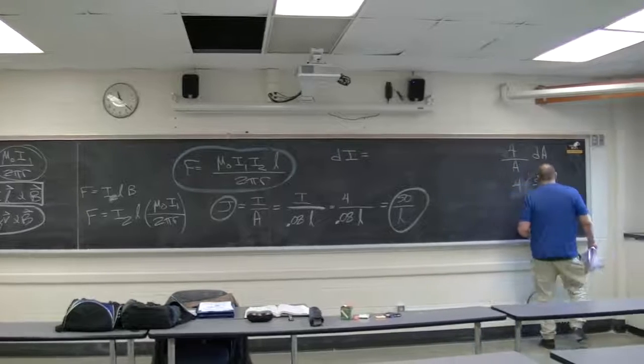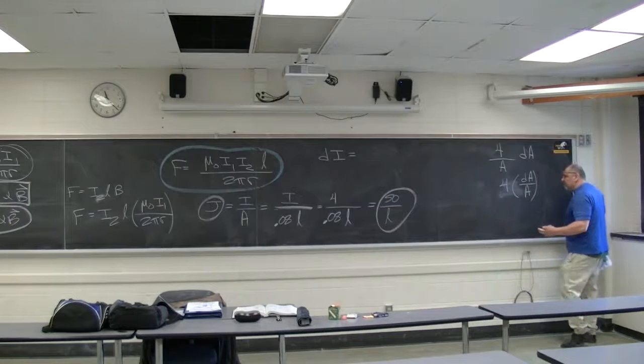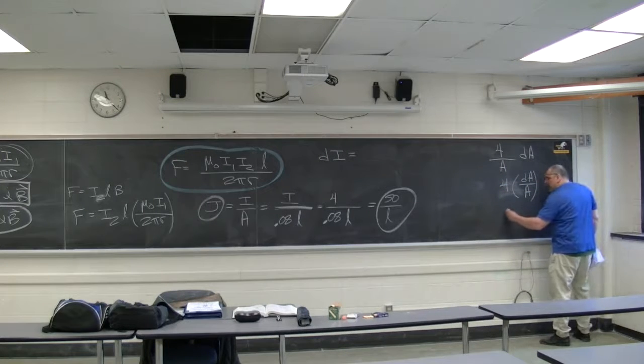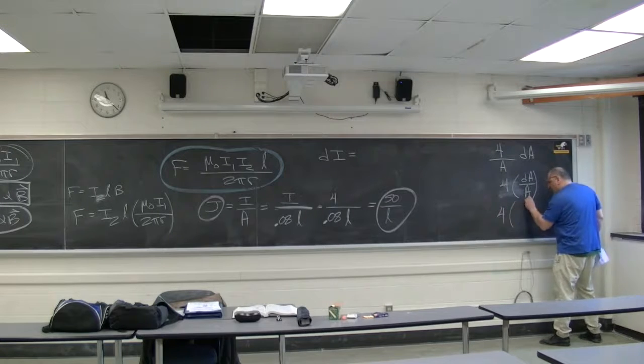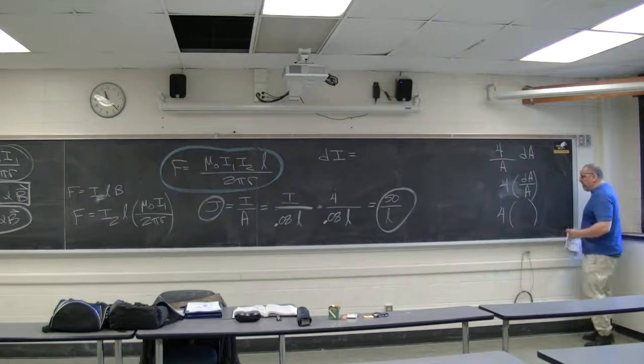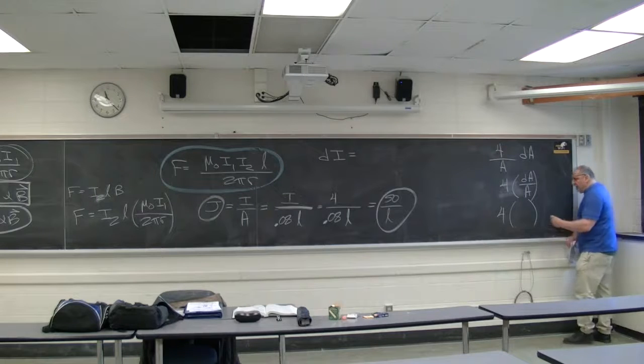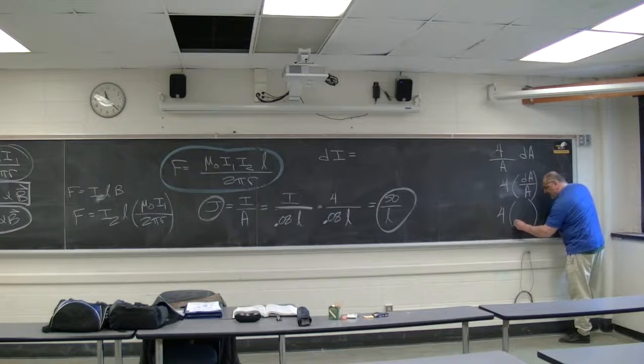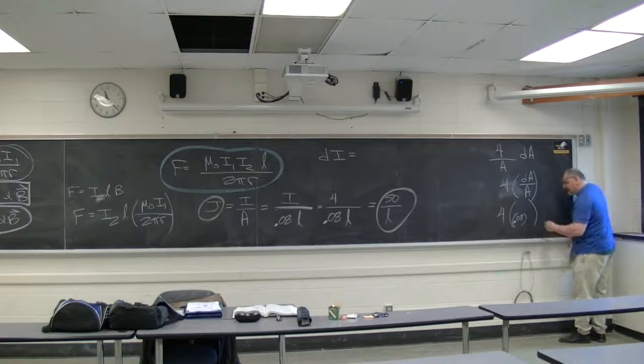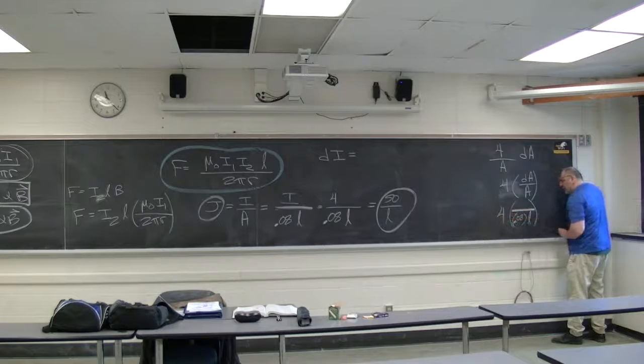So you could say, okay, how would you want to do this? You could take the 4. You could take the area, which is 0.08, that's the width times the length.